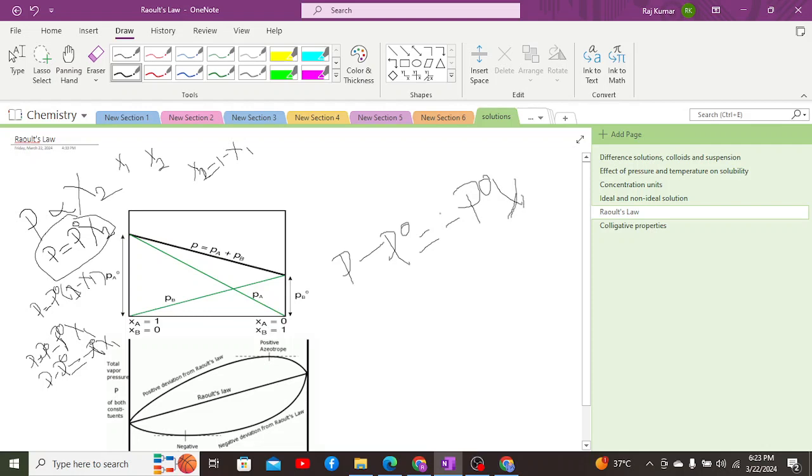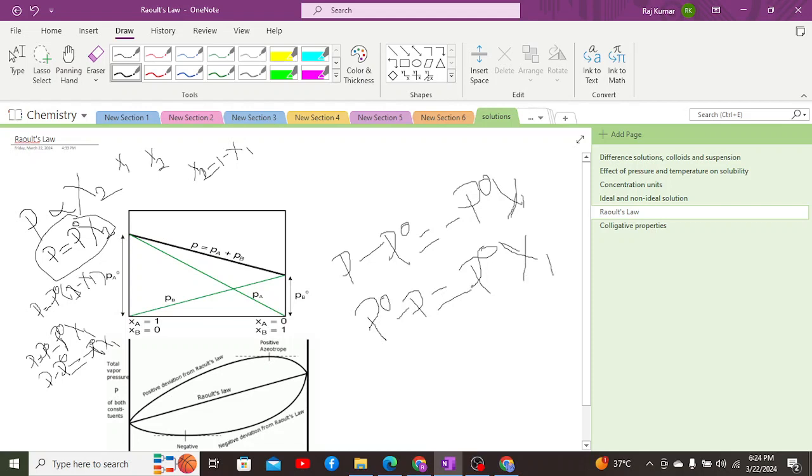If we want to remove that minus sign, we can change the sign on both sides, so instead of writing P minus P naught, we write P naught minus P. So P naught minus P is equal to P naught x1.